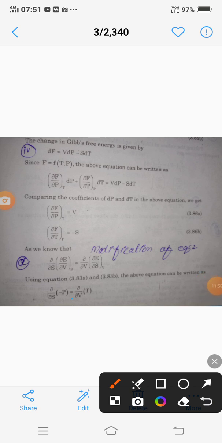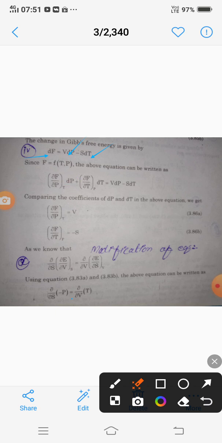Okay, now let's talk about the change in the Gibbs free energy. The Gibbs free energy change is given in this form, where dG is equal to VdP minus SdT. Since G is a function of pressure and temperature, we will change the left side of the Gibbs free energy equation in this way: the differential of the free energy divided by the differential of pressure, taking the other factor, temperature, constant. When dividing by the differential of pressure, we multiply as well.